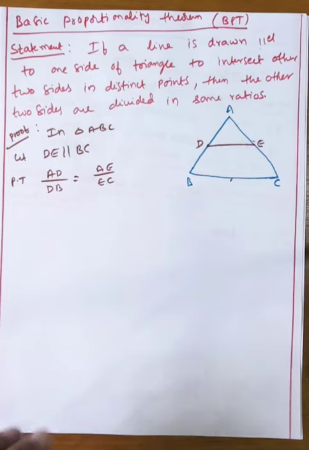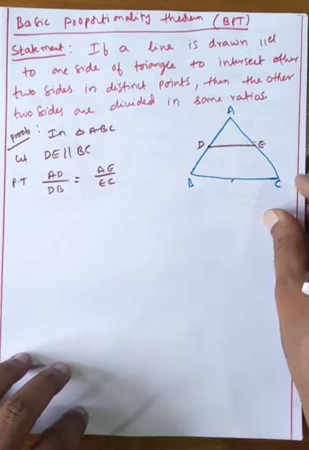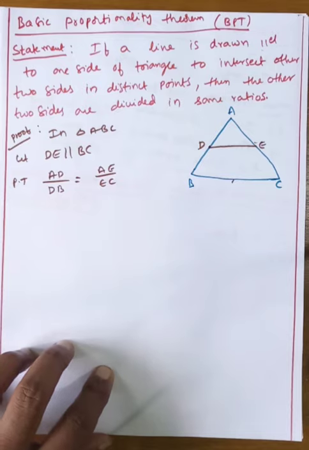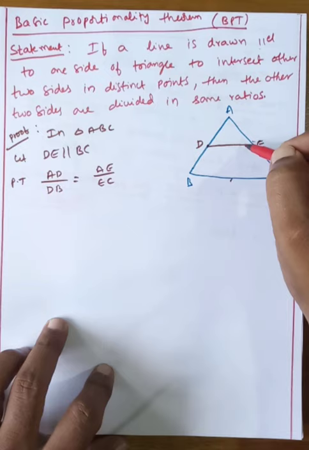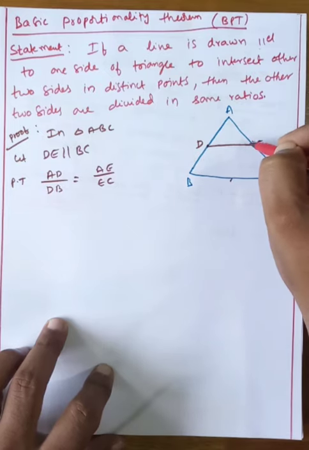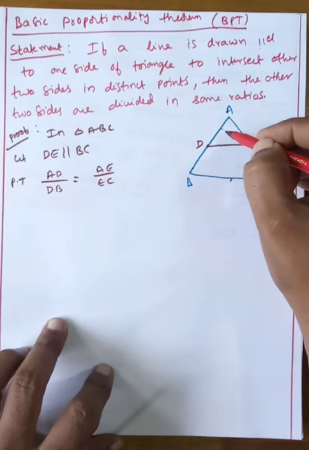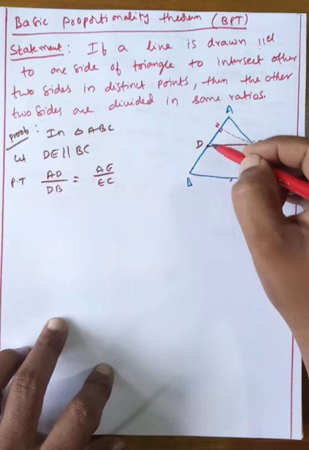Okay, my dear students, now what I am doing: I will draw the perpendiculars. Now the proof. I will draw the perpendicular from here, call it N. Perpendicular means 100% 90 degrees.